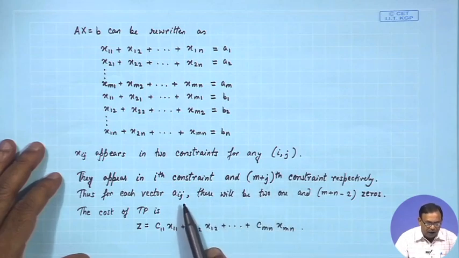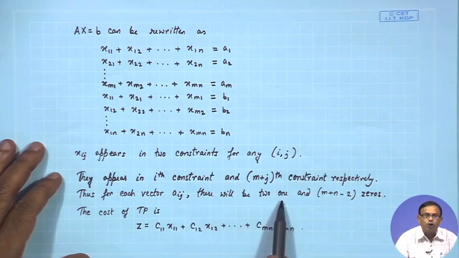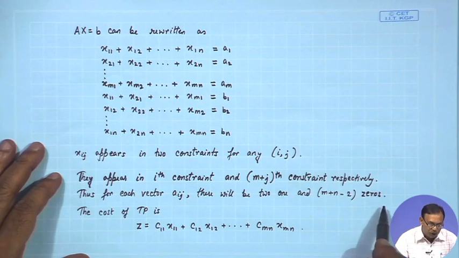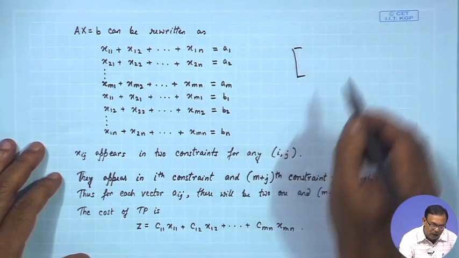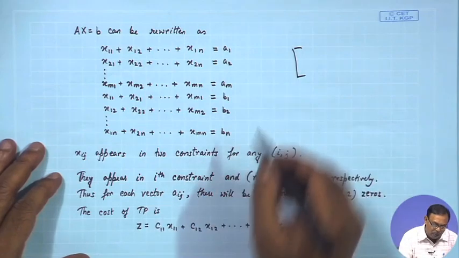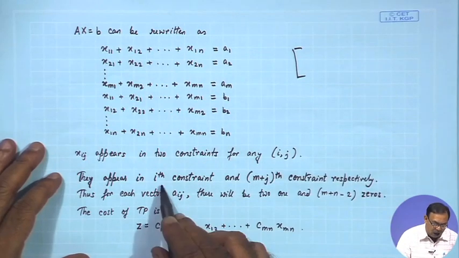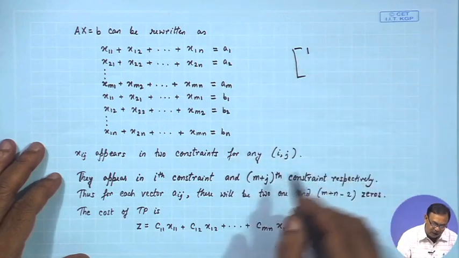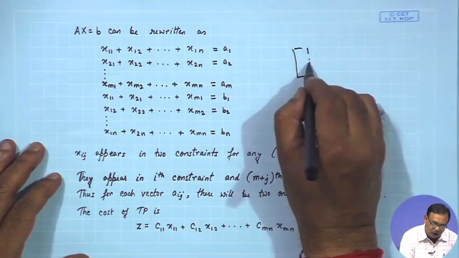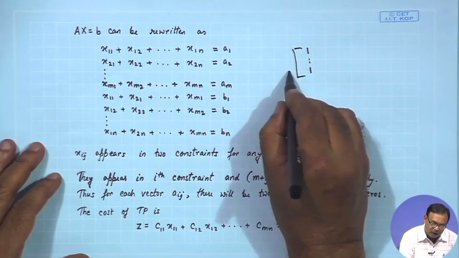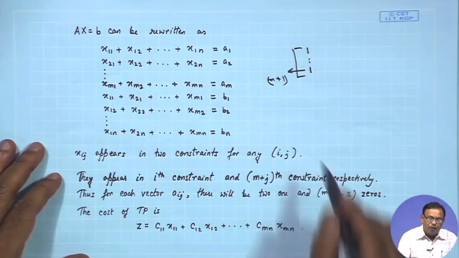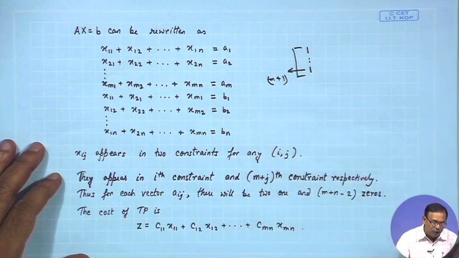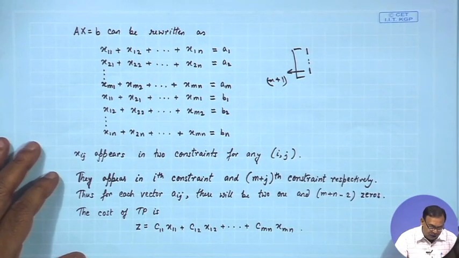Therefore, for each vector aij, there will be two 1s and the remaining m plus n minus 2 entries will be 0. That means whenever your x11 is coming, it will come at the ith constraint, that is the first constraint, and it will come on the (m plus 1)th constraint. For all other cases, the entry will be 0.